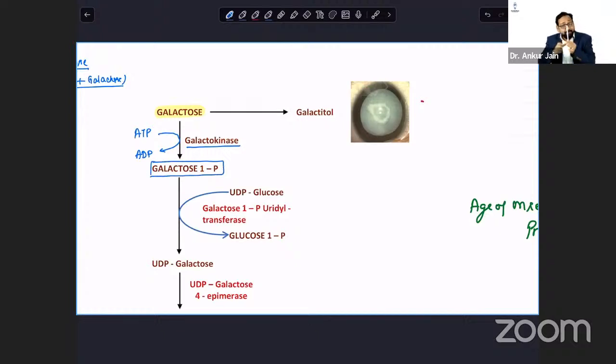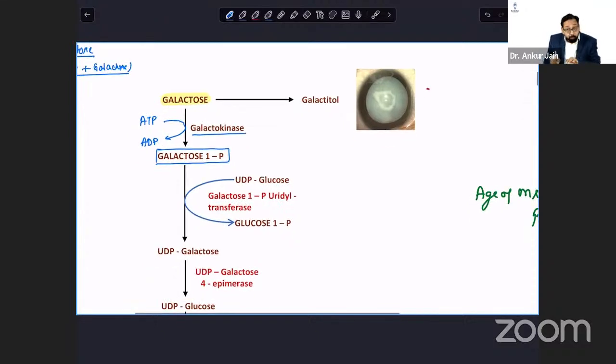So we activated this galactose, some energy was required, and we will attach this galactose to UDP. Whenever a carbohydrate wants to do new work, it attaches itself to UDP. In glycogen synthesis, we have seen that UDP glucose is formed, and UDP glucose gives glucose to pre-existing glycogen. In the same way, galactose 1 phosphate will attach to UDP and UDP galactose will be formed.